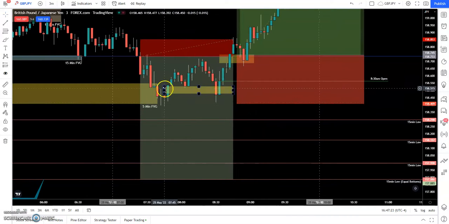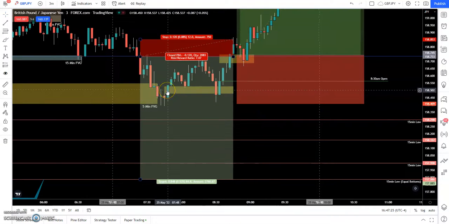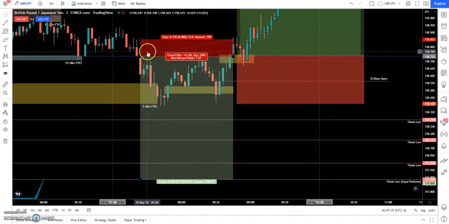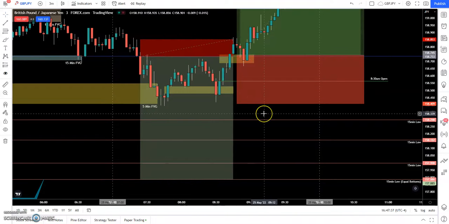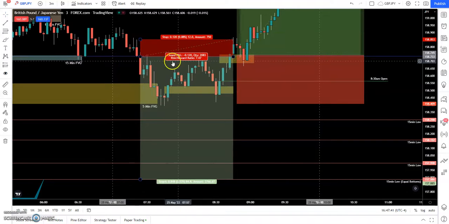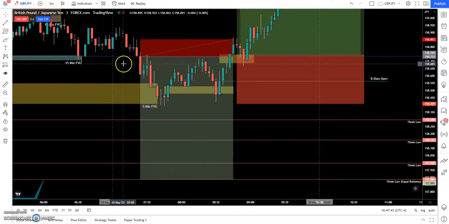We had a fair value gap here, but I would never have taken a buy here, and the reason for that is I never got a break off the high. As you can see, right here is the high, and that is the high over here, and I didn't break it.